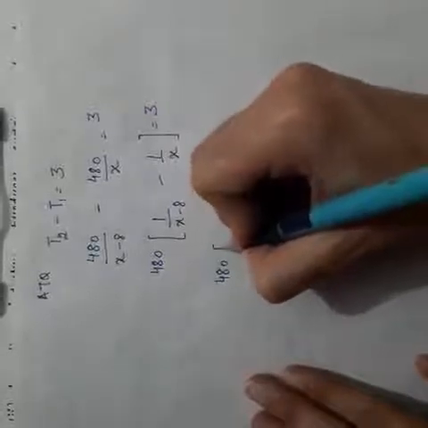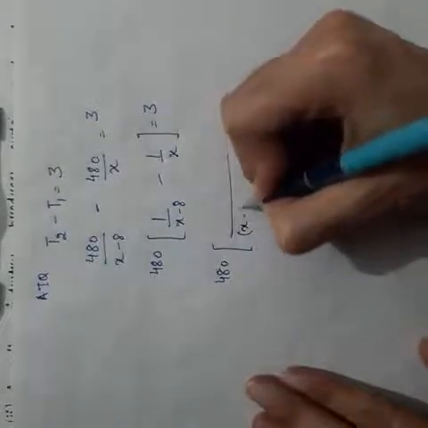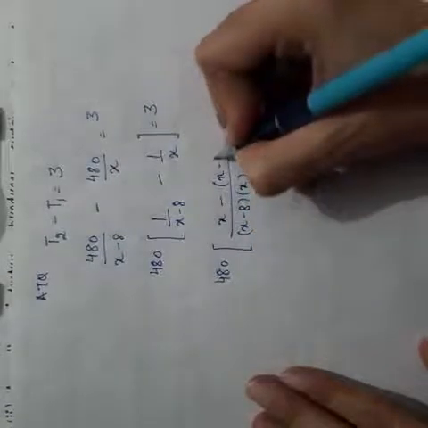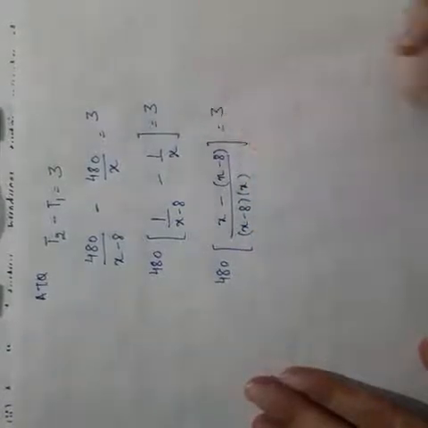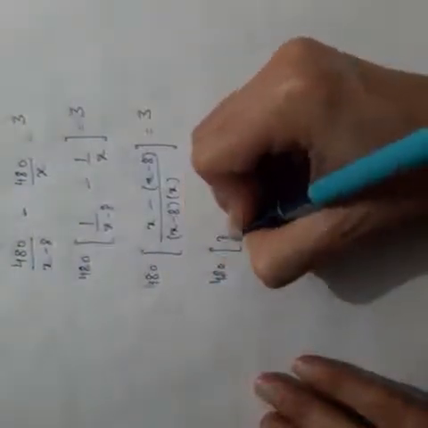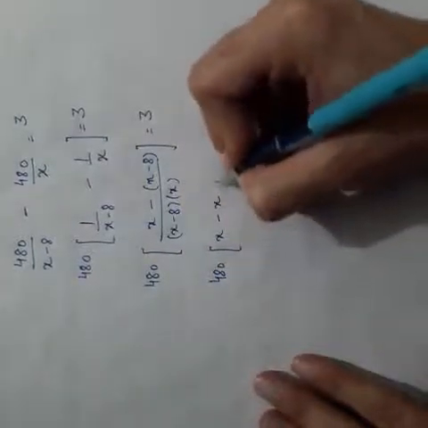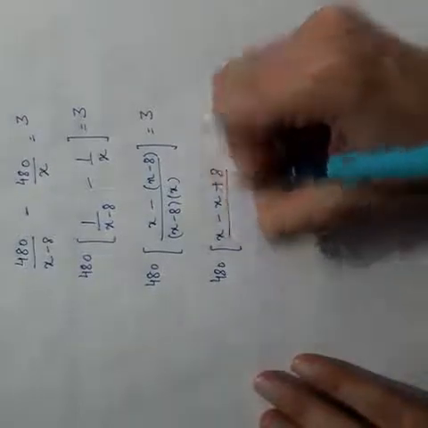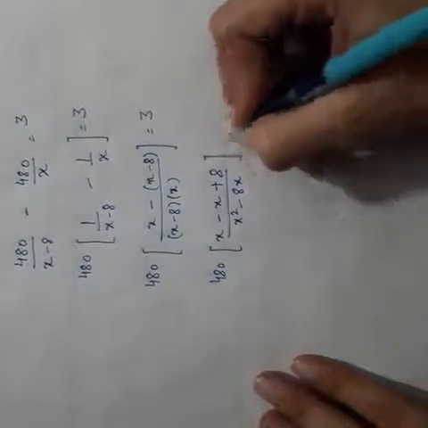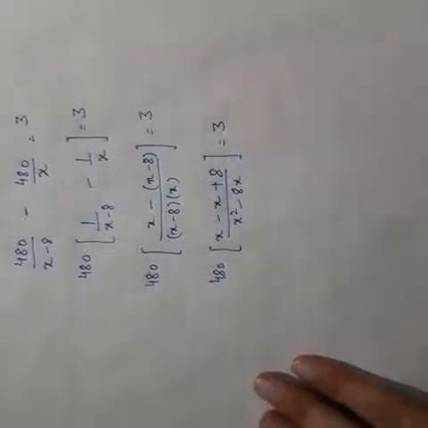Just take LCM in the braces. X minus 8 into x. You need to solve this, simplify this. 480 into x minus x plus 8 upon x square minus 8x is equals to 3.